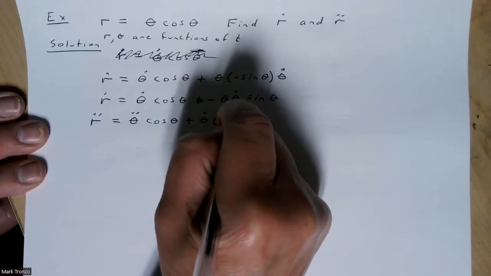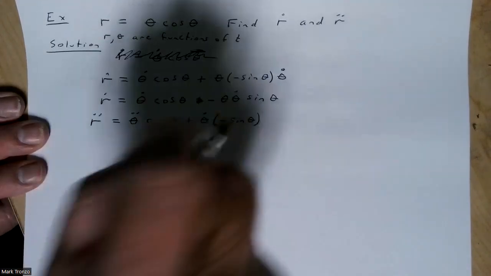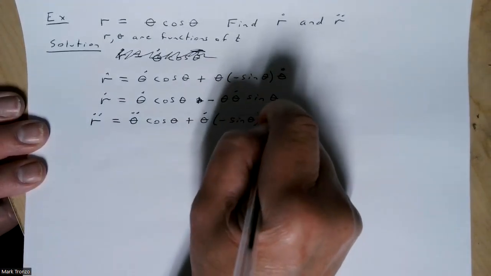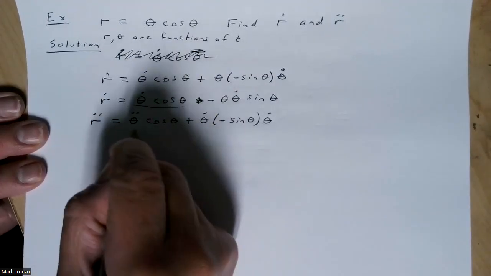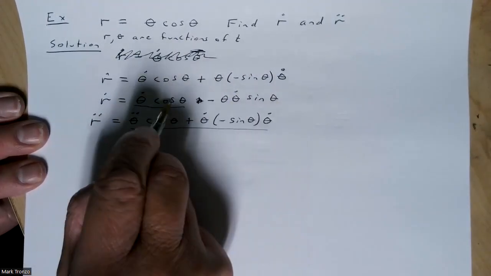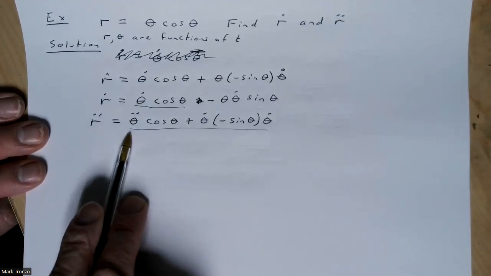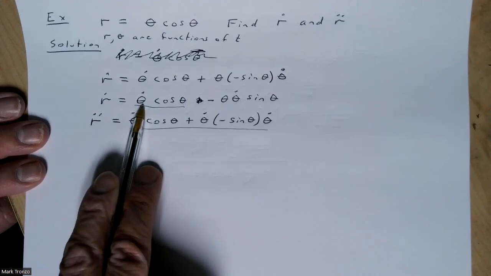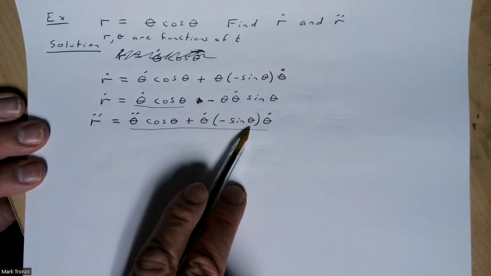That's going to be negative sine theta. We have to use the chain rule, so it's going to be theta dot. So this is the derivative of that. Let's just double check. Derivative of first times the second plus the first times the derivative of the second.